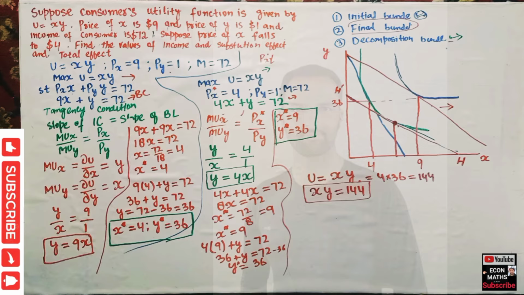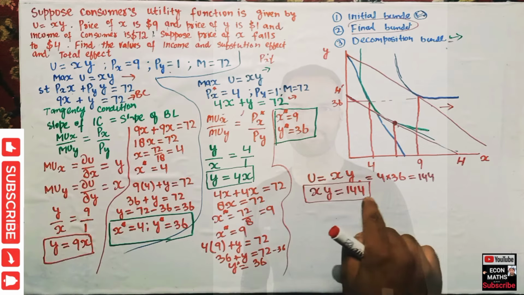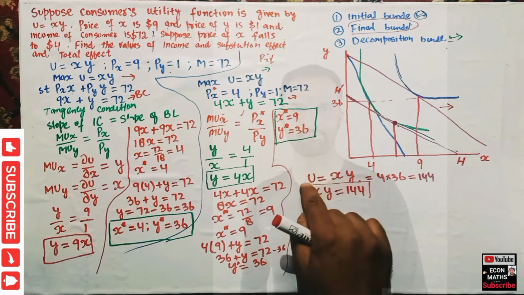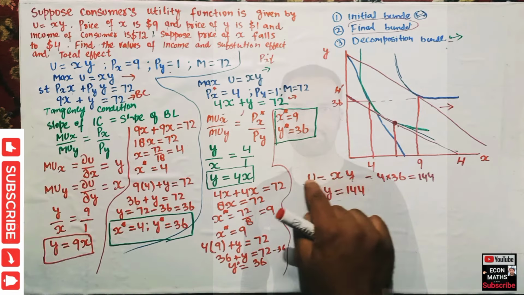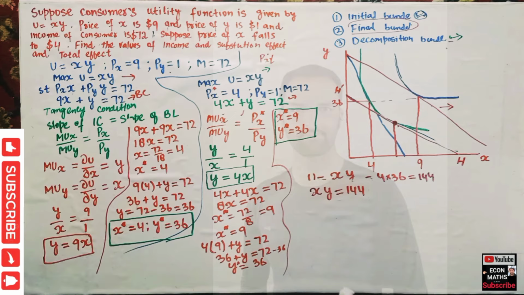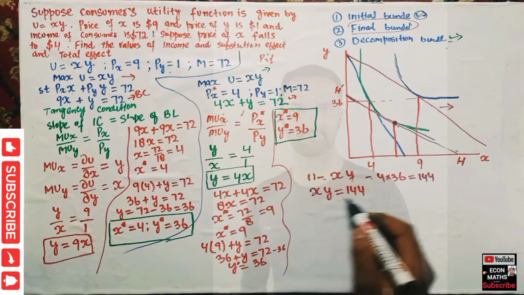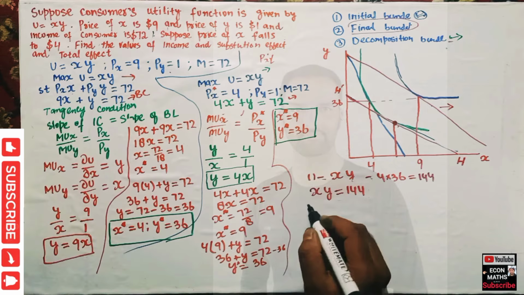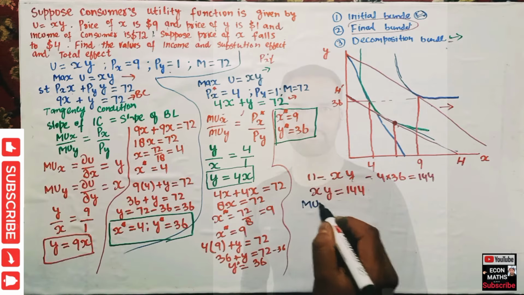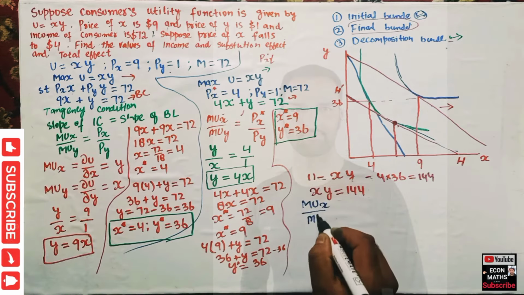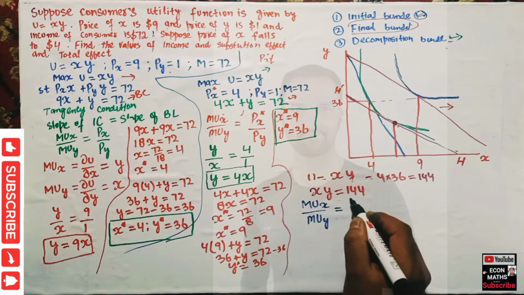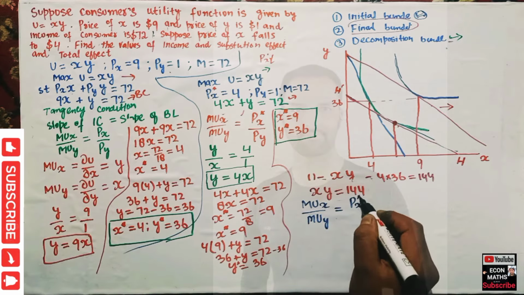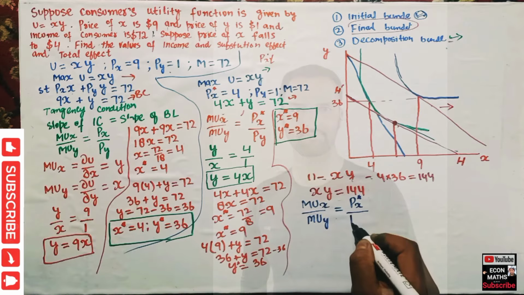Now what we have to do is find another equation, using the tangency condition but with the new budget constraint. So we need marginal utility of x upon marginal utility of y to be equal to price of good x, which has changed, upon price of y.